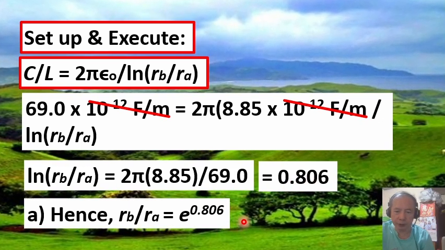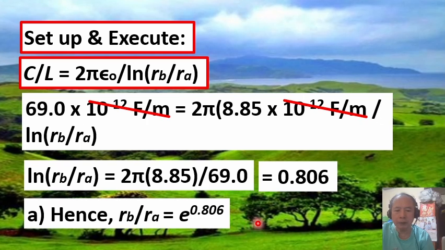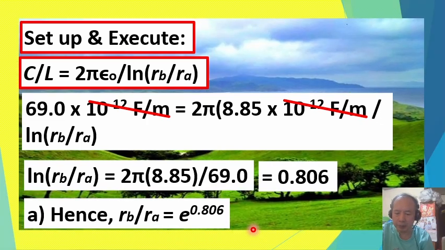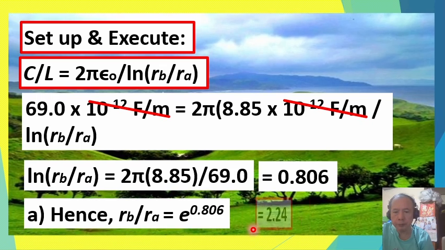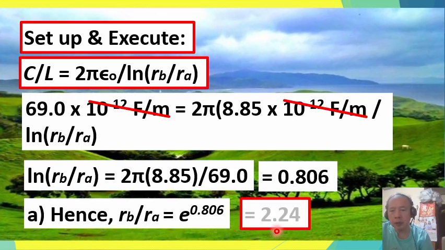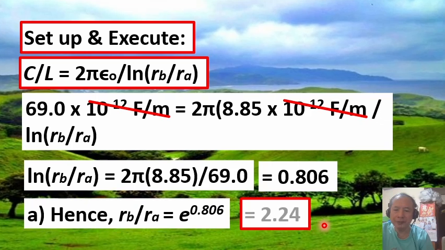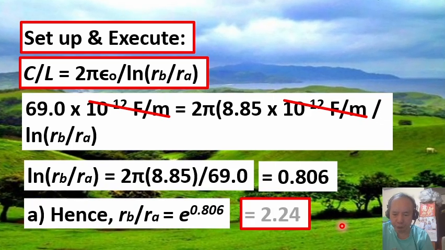With the help of your calculator, we find the ratio R sub B over R sub A being equal to 2.24, rounded to three significant figures.